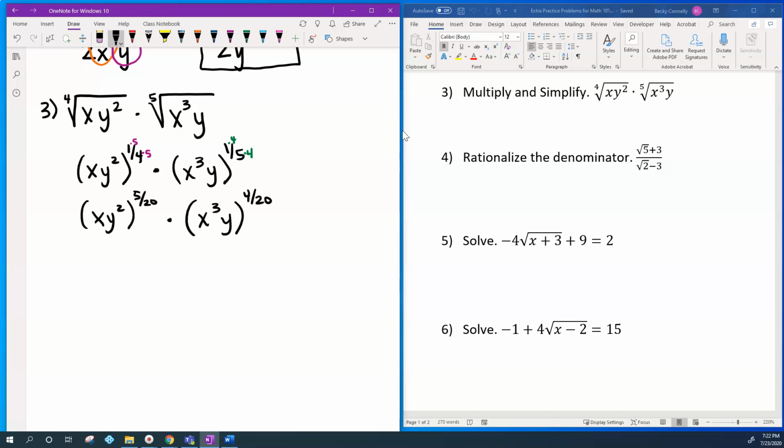Okay, now what from here? A couple of different ways we can take it from here, but what are you guys thinking? What do we do from here? Anybody?